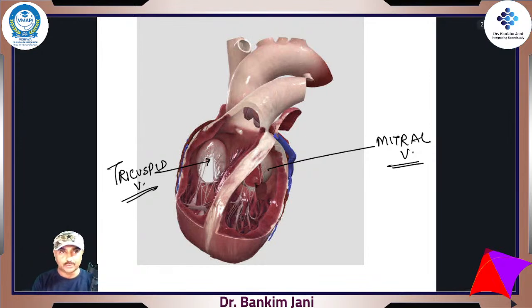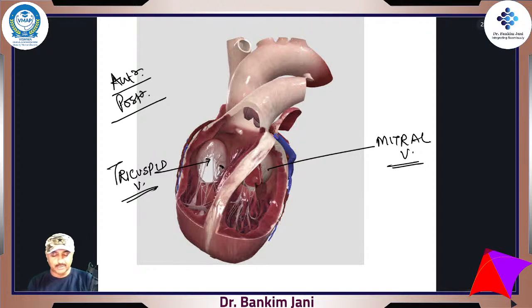In the tricuspid, there were three leaflets or cusps: anterior, posterior, and the third one was septal. Septal means the cusp attached to the septum, which is the interventricular septum, because this is the right ventricle and this one would be the left ventricle. So this is septal.